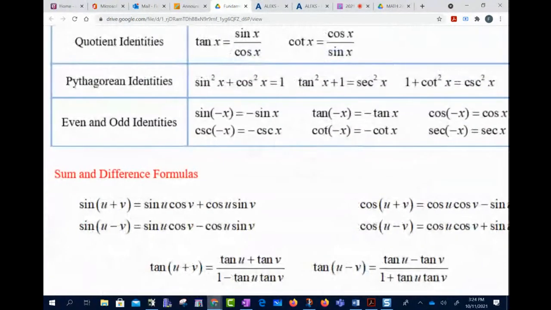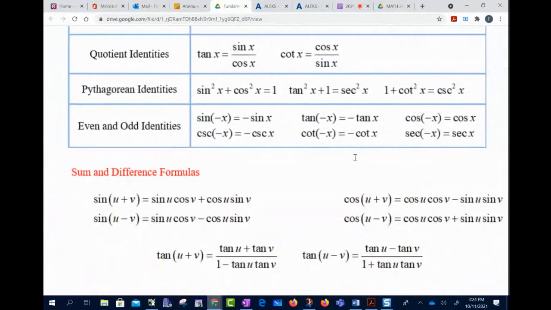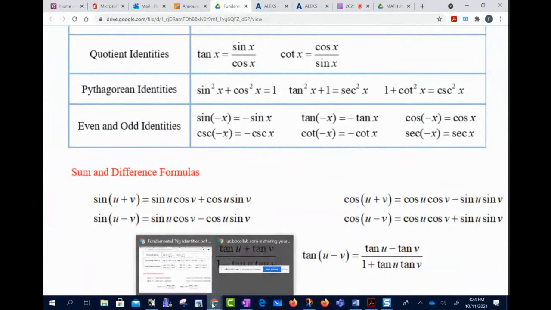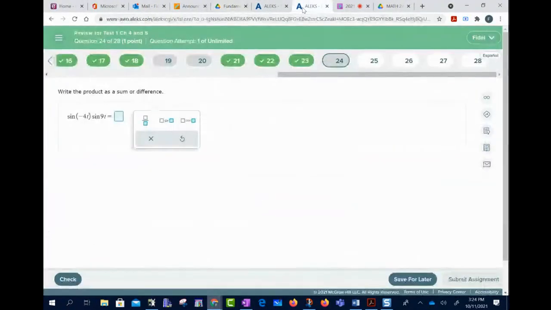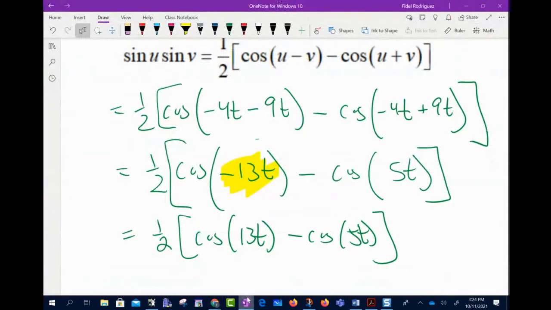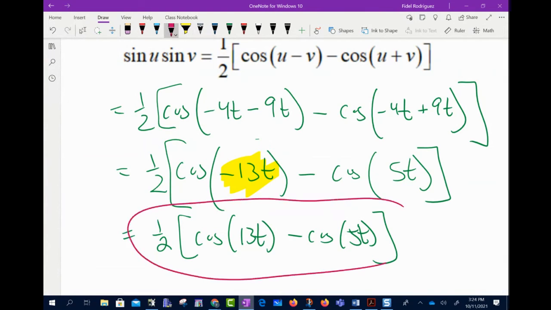That's probably the only thing I would do, right? Using even and odd identities. So look, let's do it this way. Let me come back to my problem, right? And I'm going to try entering it in like this way first. And if it doesn't work, then I know I got to do that part. You know what I mean? Or let me just enter this part in because I'm using, again, one of the identities. I'll tell you what. Let's just go this way because we just used an even and odd identity.